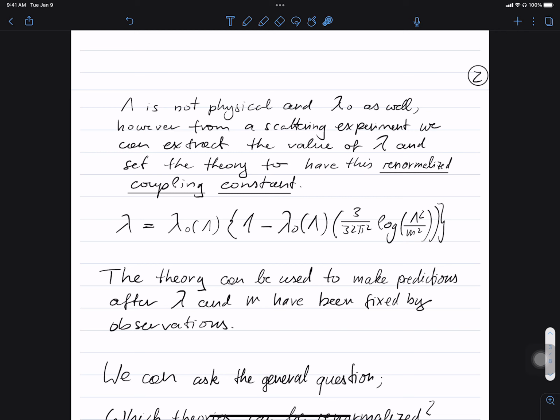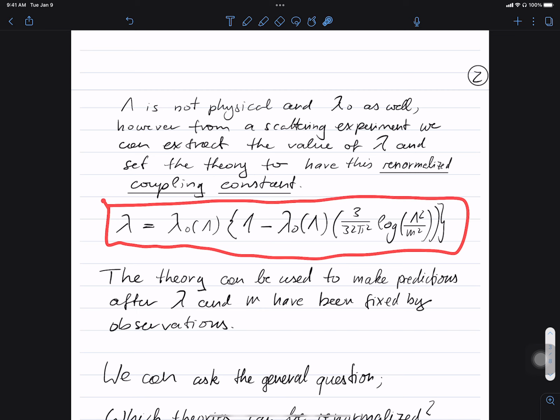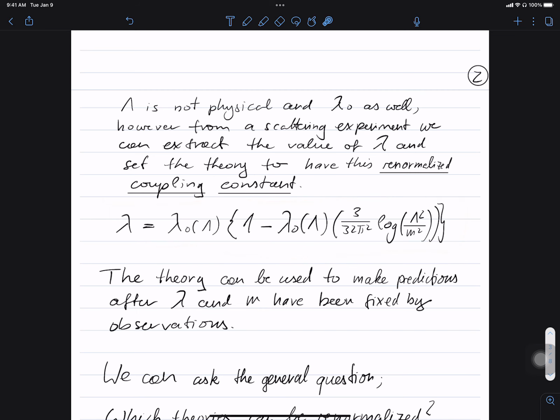Now, the interesting situation here as well is that we could make the statement much more precise, but unfortunately we don't have the time for that. This is called the renormalization group, or the theory based on the so-called Callan-Symanzik equation, where this quantity can be shown to really depend on the energy, and the dependence will be very similar to taking this lambda 0 and taking the derivative with respect to the cutoff scale, for example.